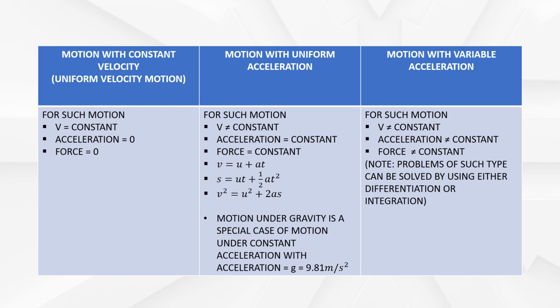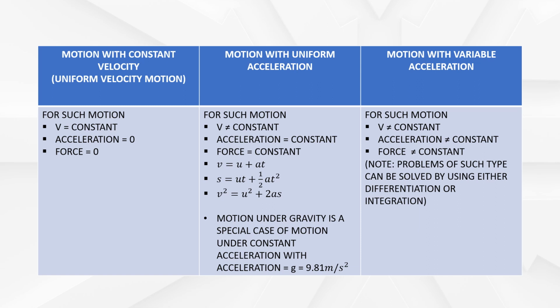Now the problems of this kind, that is motion under uniform acceleration, can be solved by using the three equations of kinematics. v = u + at, s = ut + ½at², and v² = u² + 2as, in which u is the initial velocity, v is the final velocity, a is the acceleration, t is the time, and s is the displacement.